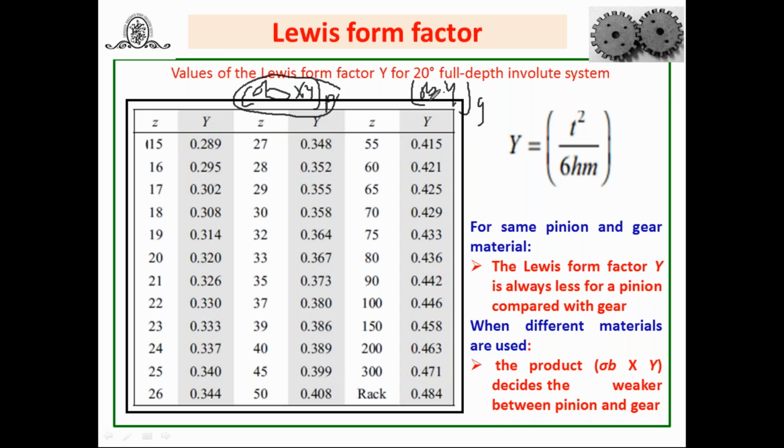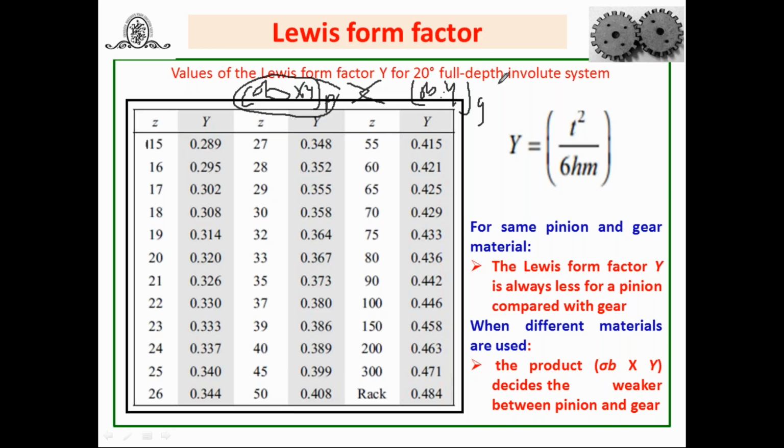Again, gear material is different, so SUT by 3 and Y for the number of teeth on the gear. Based on that, find out the Lewis form factor or take it from this data. So you will get this term and you can check whether the sigma B into Y for pinion is greater or less. Based on that, we are going to decide whether the pinion is weaker or whether the gear is weaker. I hope you understood this.